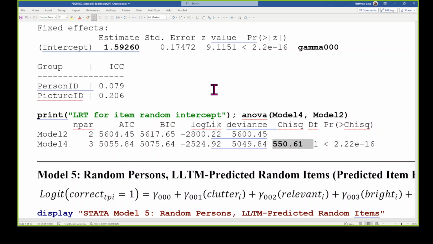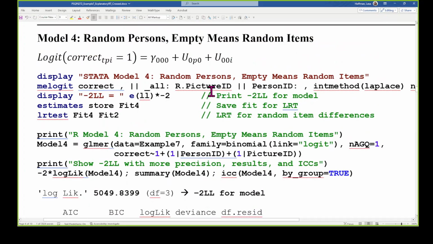So if you think about the random part of the model in a factorial ANOVA kind of way, this is a main effect of person. This is a main effect of item. E, if it were here, would be their interaction. So what is it about that person in that trial that made their answer different than would be expected just based on which person and which item it was? I don't know. I can't know because that's residual variance that can't be separated from the interaction term.